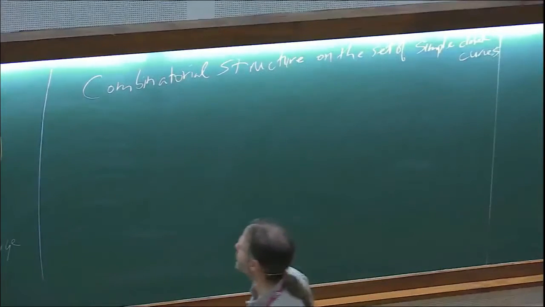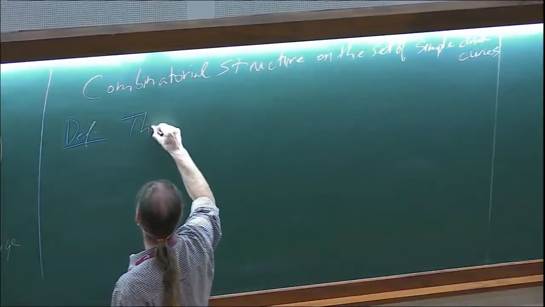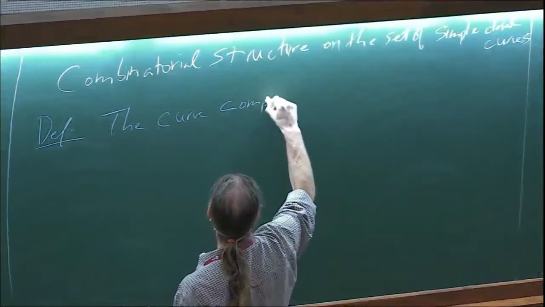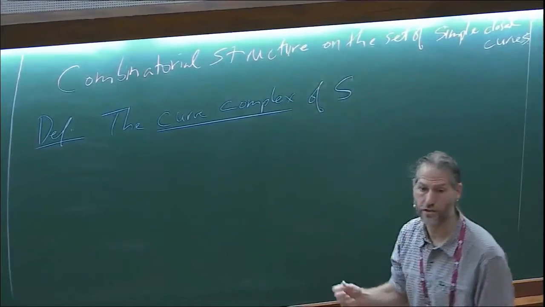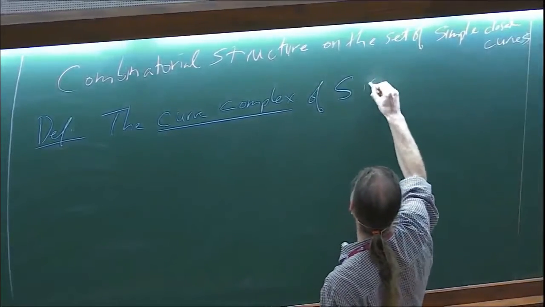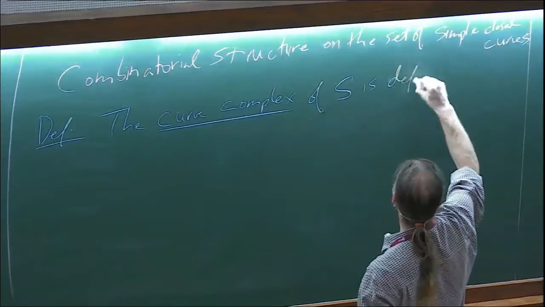Okay, so this combinatorial structure is going to have a name. We'll call this the curve complex of a given surface S, and it's going to be a simplicial complex. So let's just say it is defined as follows.